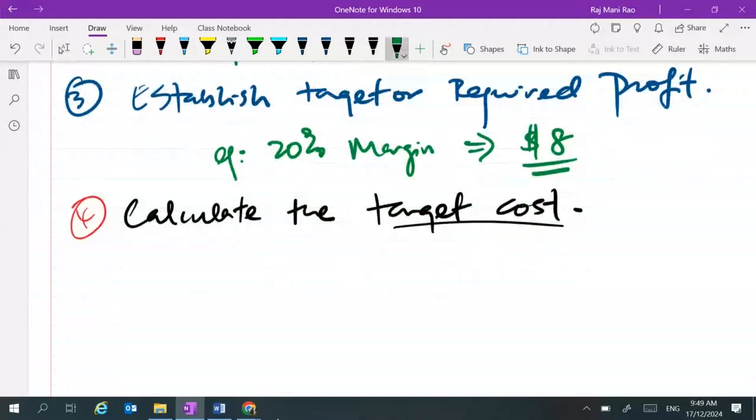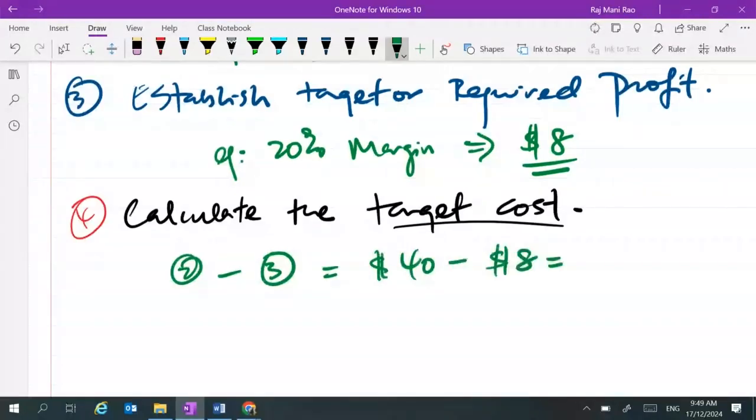We take number 2 minus number 3, which is 40 minus 8, $32 per unit. So your cost must be $32.